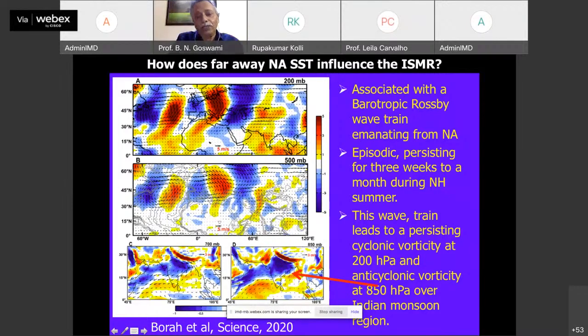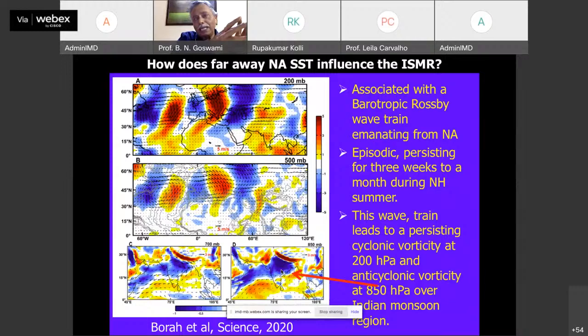This is a barotropic wave train sitting on top of this SST. It starts over the North Atlantic and then produces a stationary structure around the globe. That influences the circulation over the Indian region, and that circulation then modulates the rainfall over the monsoon region.